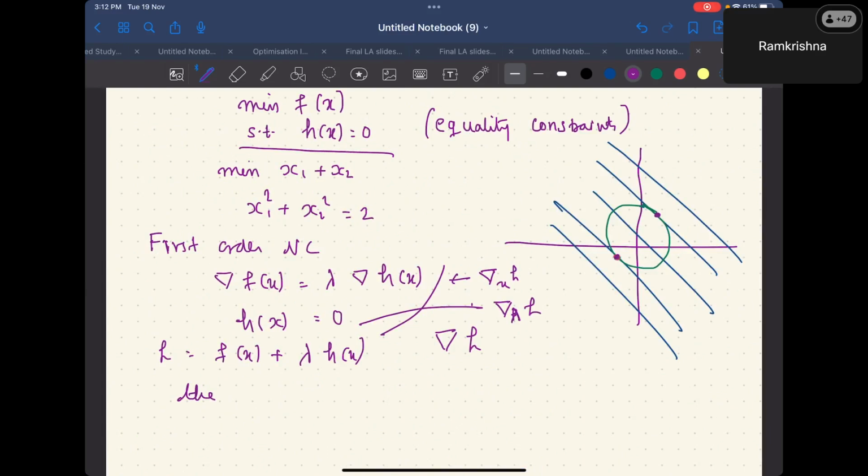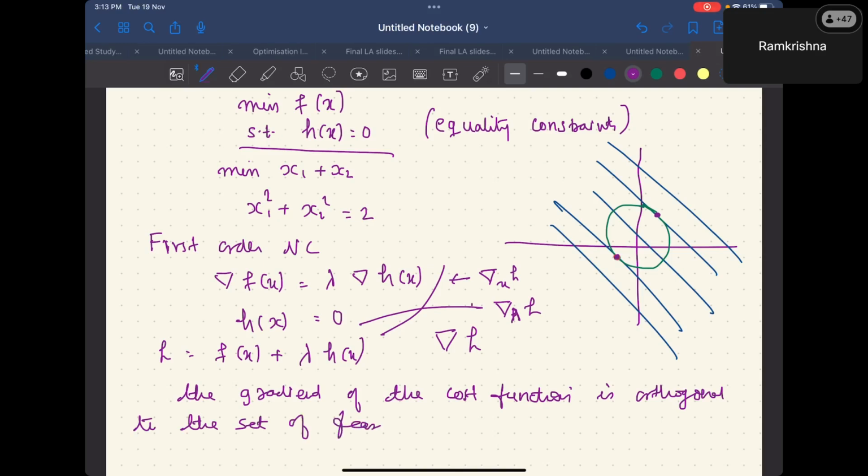Okay, so just to recap, at the optima, the gradient of the cost function is orthogonal to the set of feasible solutions.